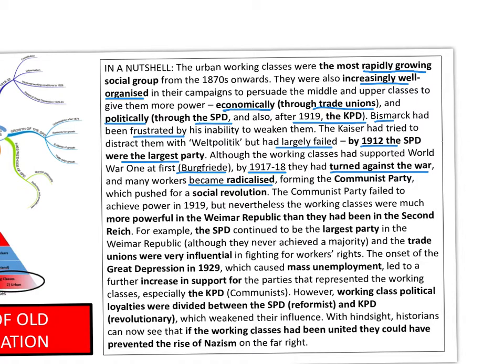In other words, to revolution, to overthrow the existing system and create government by workers' councils, Soviets. Now, of course, so that's what we're saying. The Communist Party, originally the Spartacists, pushed for a complete overthrow of the social pyramid, turning it upside down in effect and putting the working classes in power.